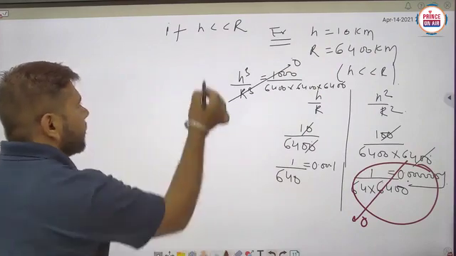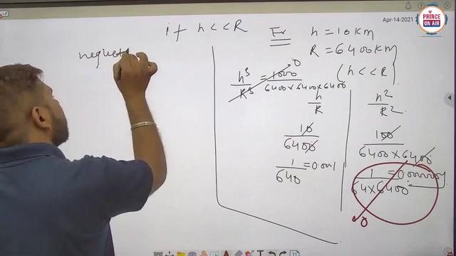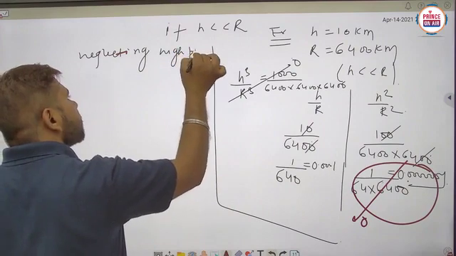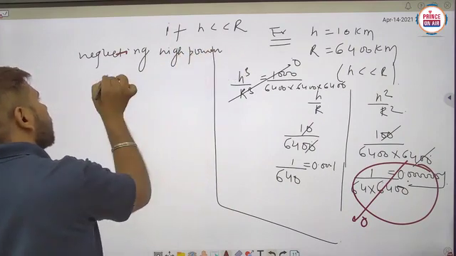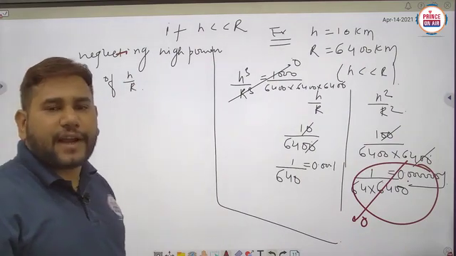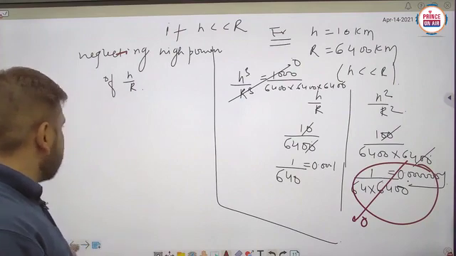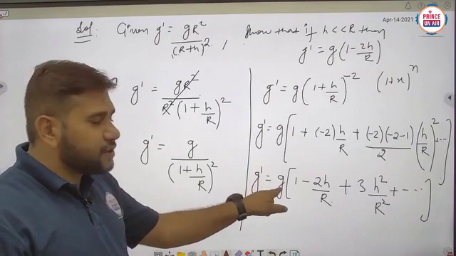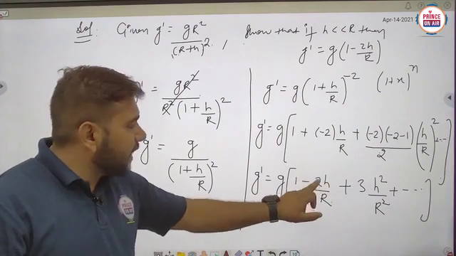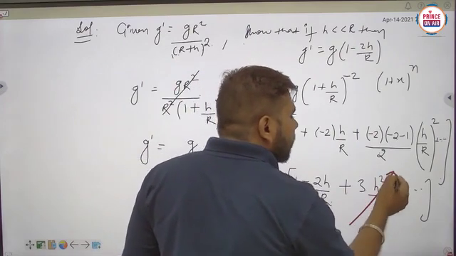So what I can say is that we can neglect the high powers of h by R. Only I am considering h by R. The high powers, h cube upon R cube and h square upon R square, are 0.